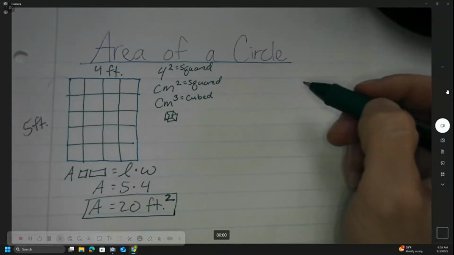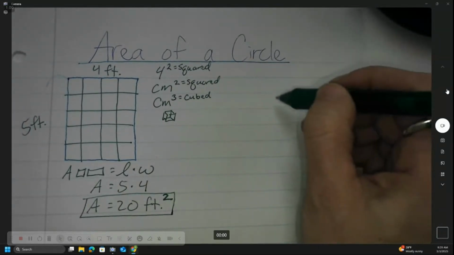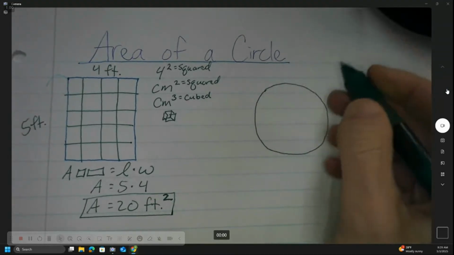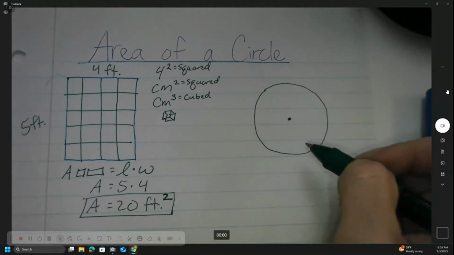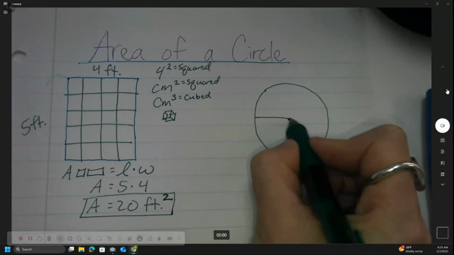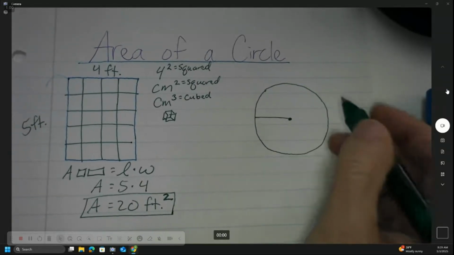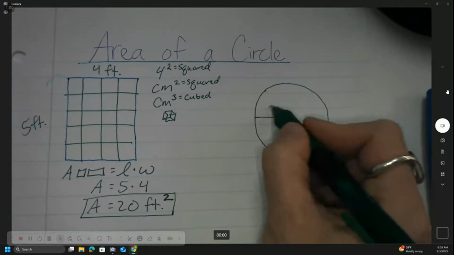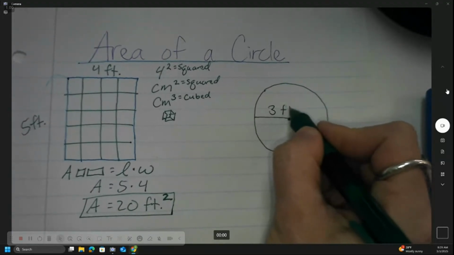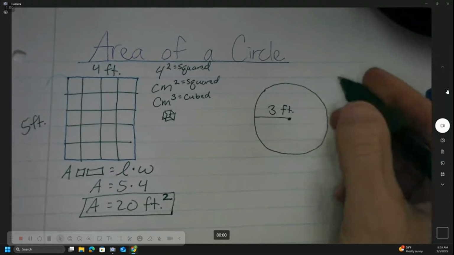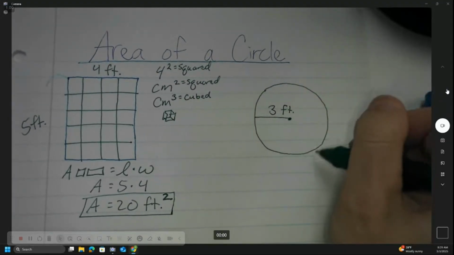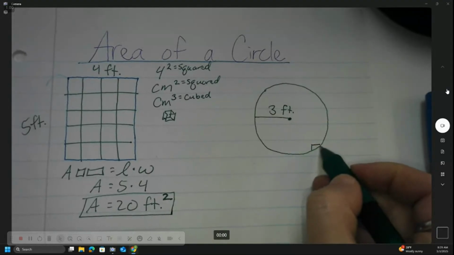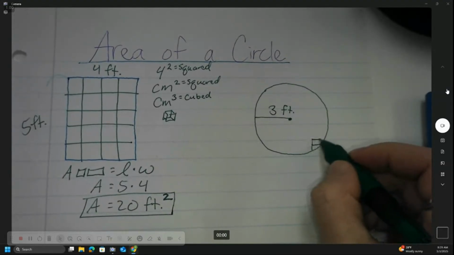When you're solving for the area of a circle, you still use squares. So draw a circle, and let's go ahead and say that we have a radius here. And the radius, let's say, it doesn't really matter, I'll just say the radius is 3 feet. But we need to discover how many perfect squares take up that circle. And if you notice, you're not always going to get perfect squares, okay?